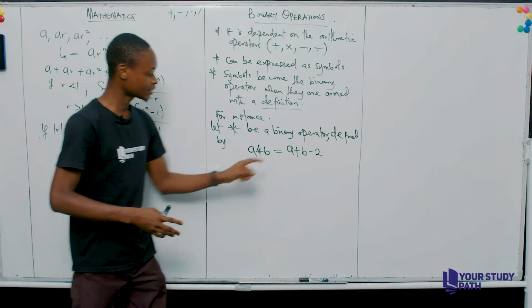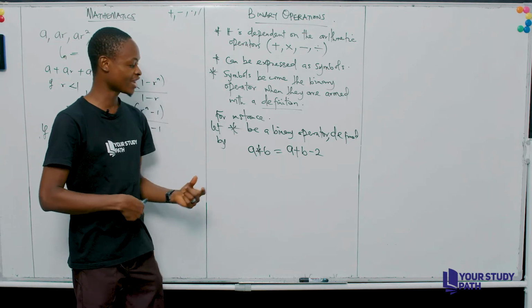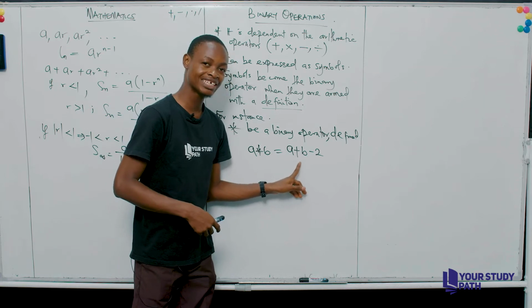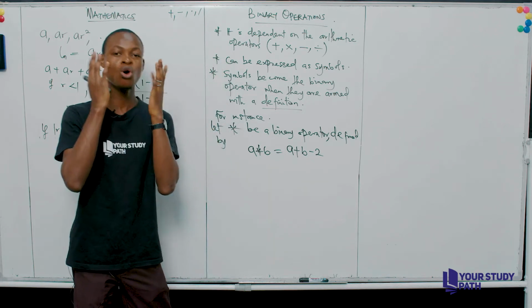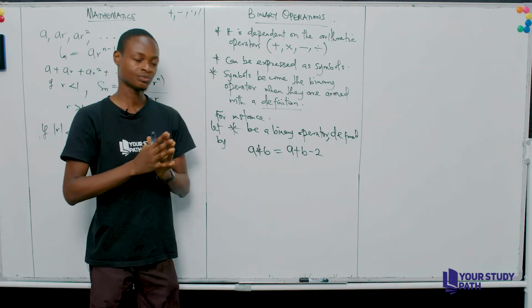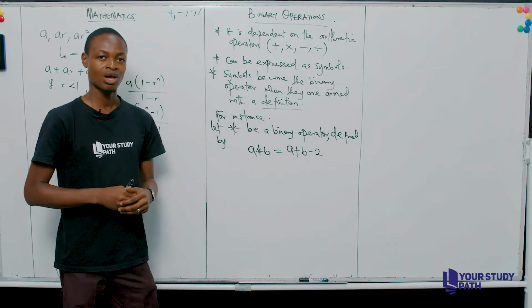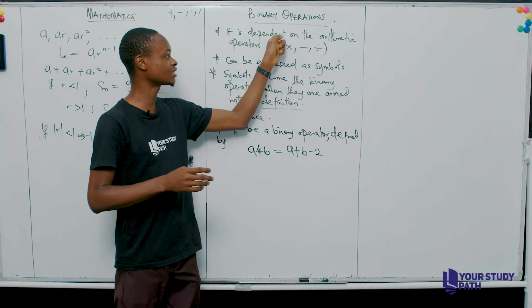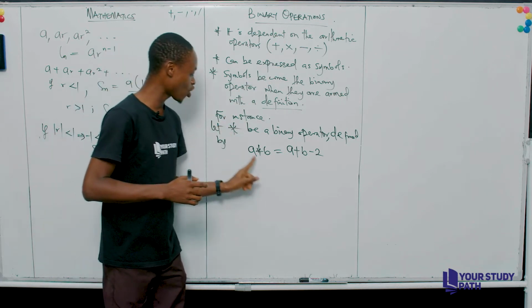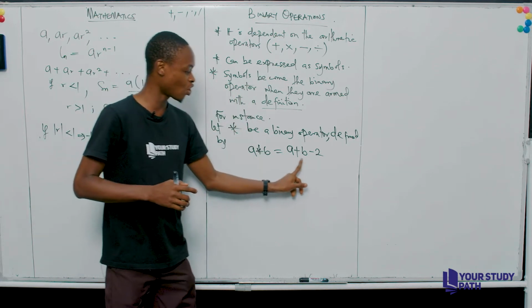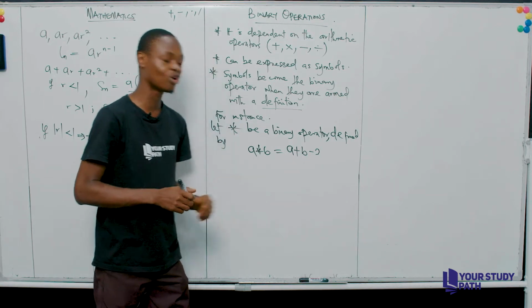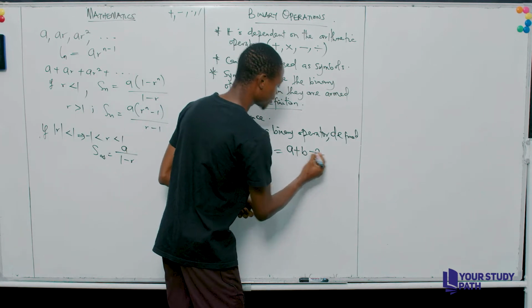You will see that on the right hand side, all we have is a combination of arithmetic operators that we know their basic usage. You know what it means to add. You know what it means to subtract. This is where that dependence comes in. The binary operator is dependent on the arithmetic operators in order to have significance.